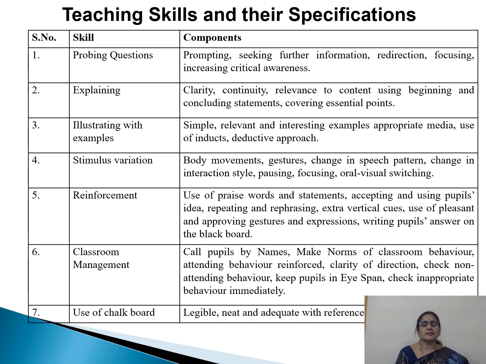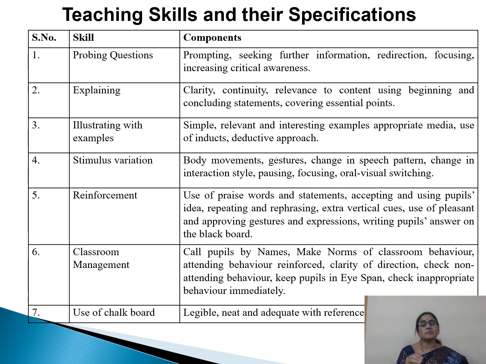As mentioned, each and every skill will have certain components. Based on these components, whether the student has practiced all those items or not will be checked. For example, explaining. For the explaining skill, the content should have clarity, the way of presentation should be relevant to the content, and it has to have continuity and concluding statements covering essential points.